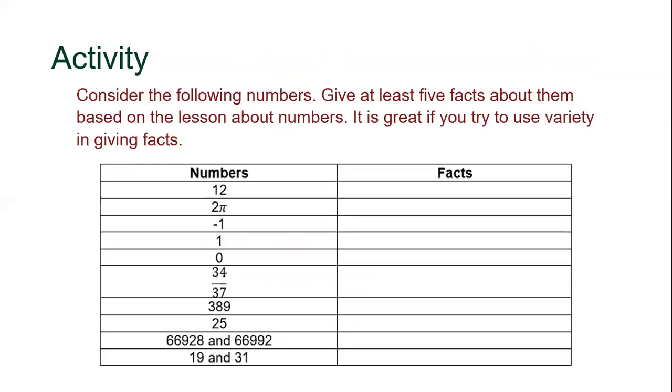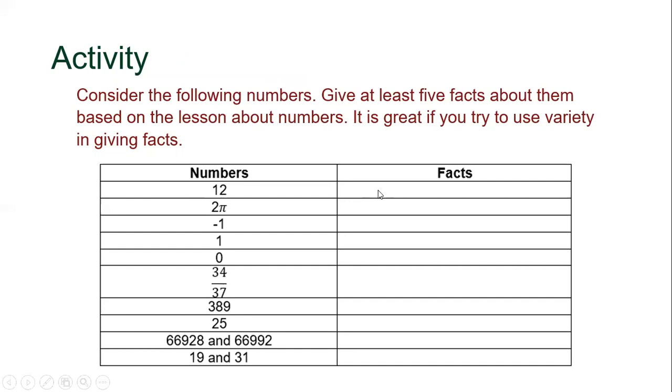Now let's have your final activity for this topic. Consider the following numbers. Give at least 5 facts about them based on the lesson about numbers. It is great if you try to use a variety in giving facts. Be creative, at least 5. For example, 12. What are 5 facts about 12?